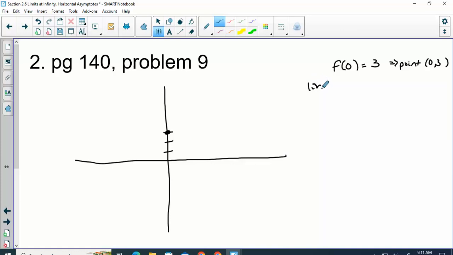Okay, then it tells us the limit as we approach 0 from the left of f of x equals 4. So as I'm coming into 0 from this side, it has to equal 4. Now can I put another closed circle here? No, because it's got to be a function, so that means it has to be coming into an open circle. Now I don't know a whole lot yet. For all I know, it could be coming up, it might be coming from below. We might have to go back and tweak that. But I know it's coming into that point.